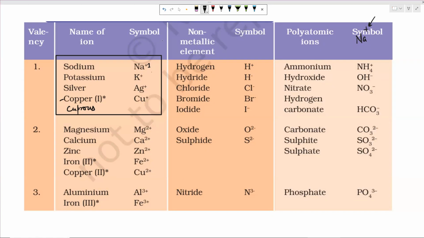This copper has valency 2 and this copper has valency 1. When copper has valency 2, it is known as cupric. Cupric, note it down. So start making this chart first, please.